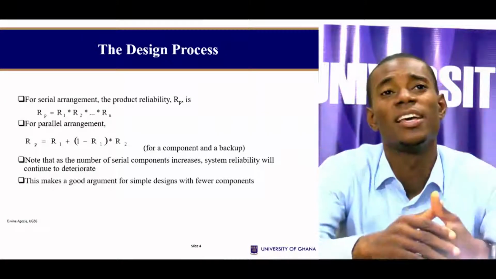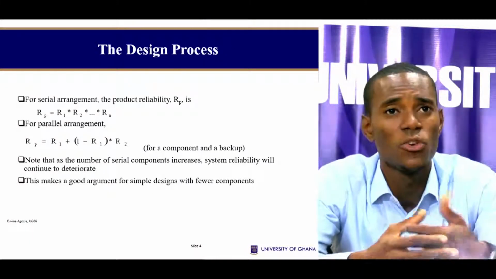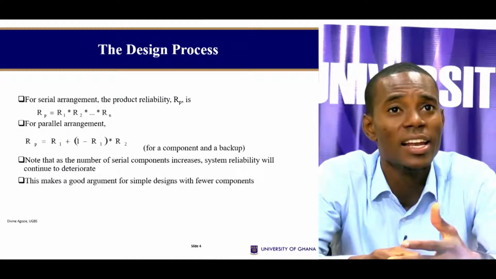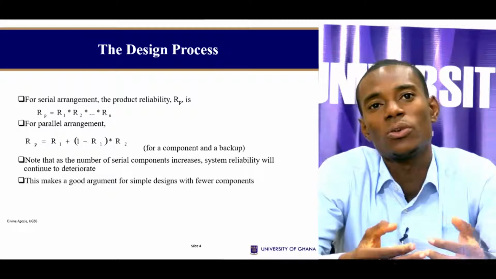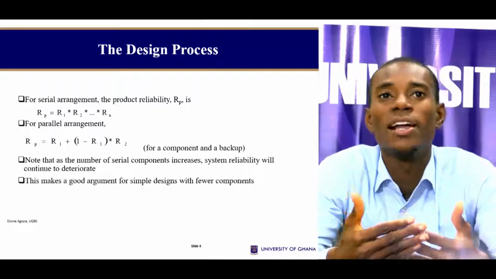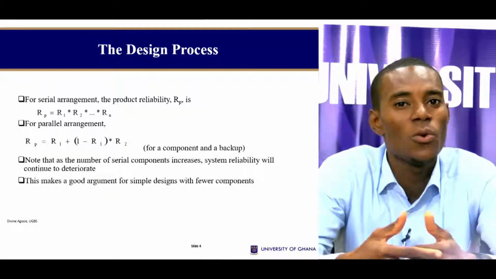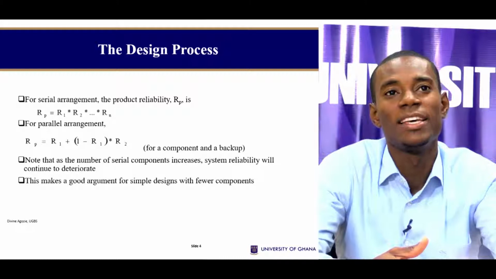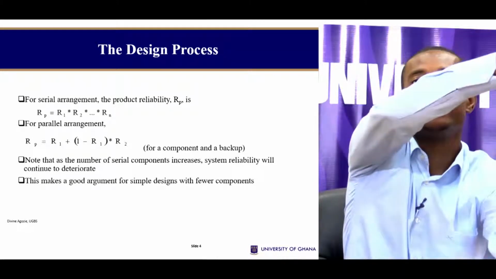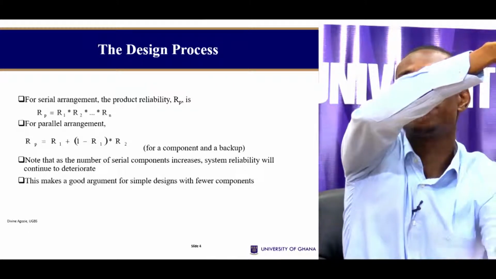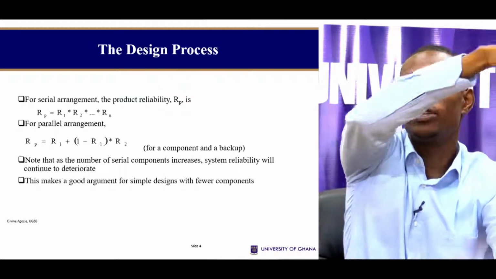So think about it. You have a home, you have a business, you take power from ECG, the national grid. I can also have a backup generator that will kickstart when I lose power from ECG. So if I have this as my normal one, I can have another one which is subsidiary to the main one. In the event where this one fails me, I'll fall onto the other one.